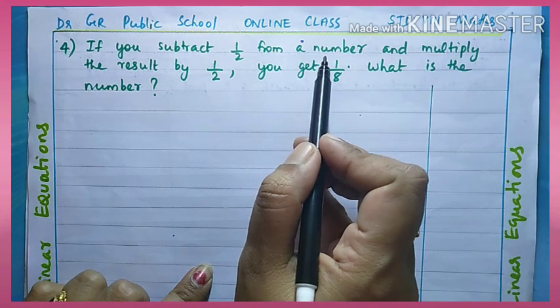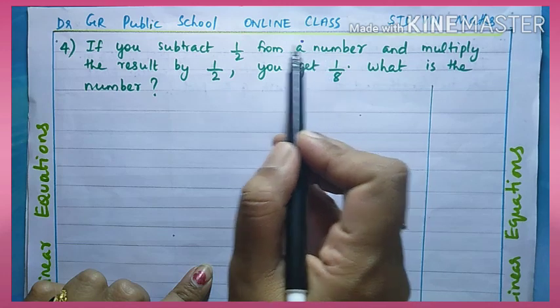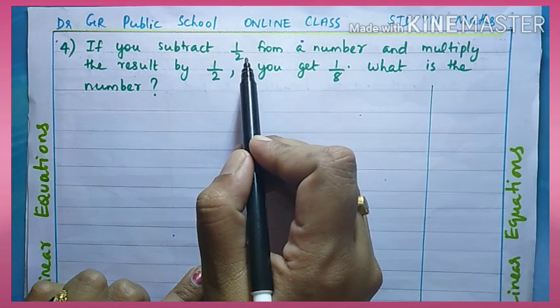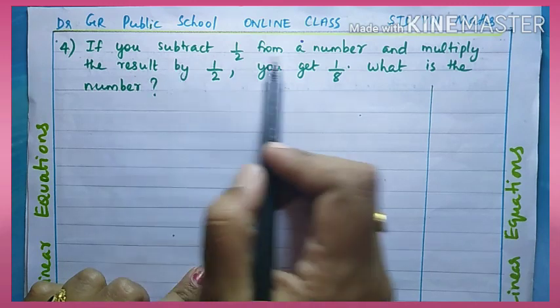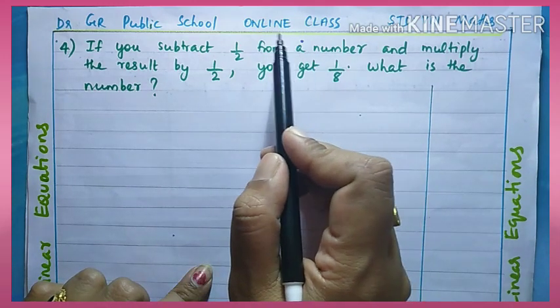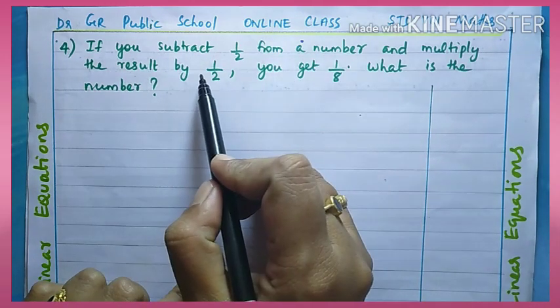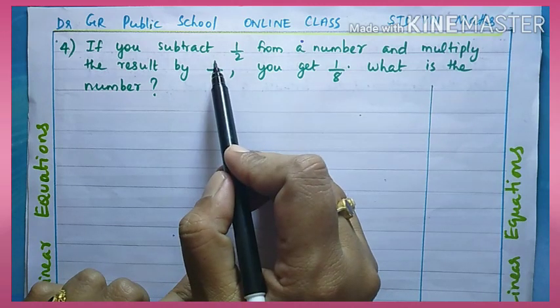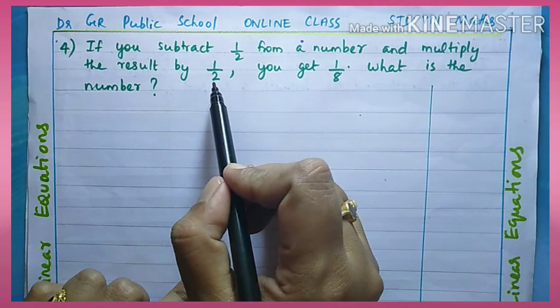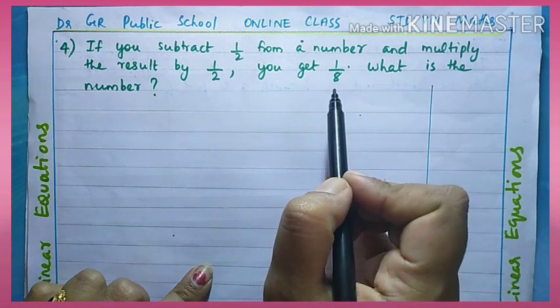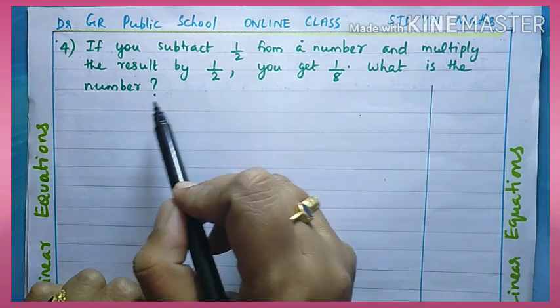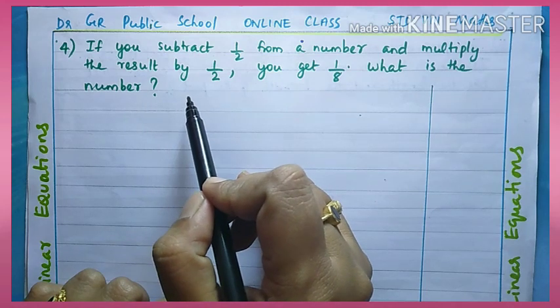From x, from the variable, we are going to subtract 1 by 2 and multiply the result. So that subtraction we are going to multiply by 1 by 2. Okay. And after multiplication, what you get? You get 1 by 8. What is the number? So you want to find out what is that x.